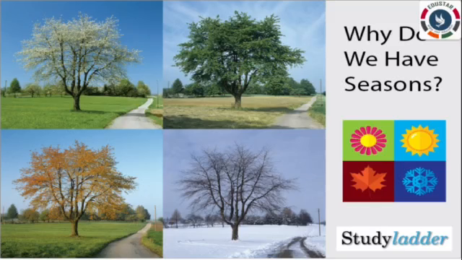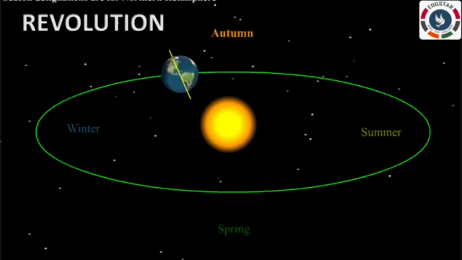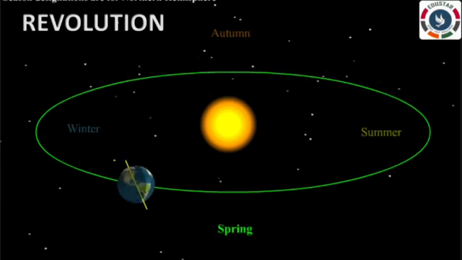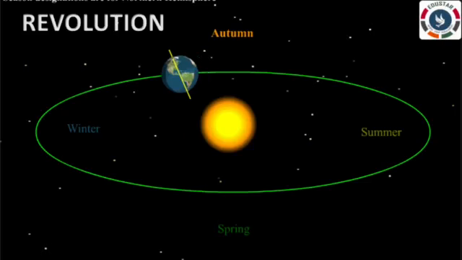Next, why do we have seasons? The earth moves around the sun in its own orbit. This movement is called revolution. It takes 365 days and 6 hours for the earth to complete one revolution.